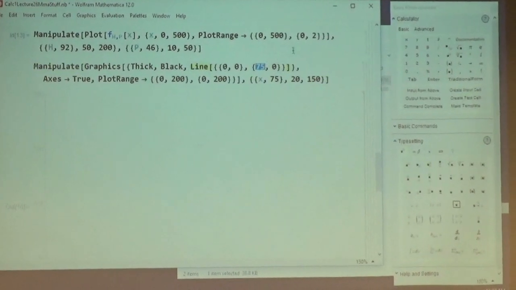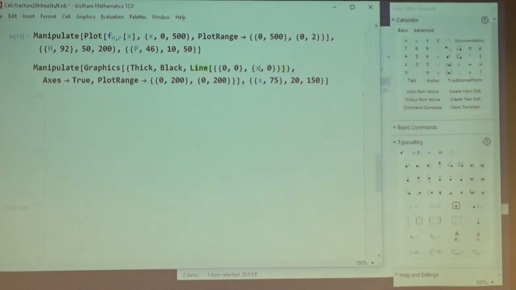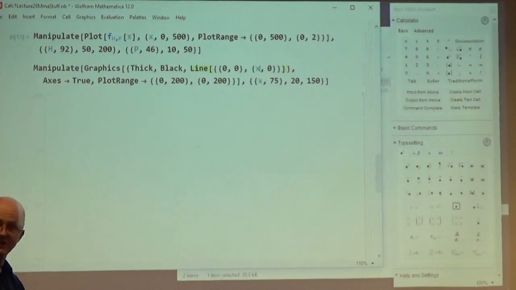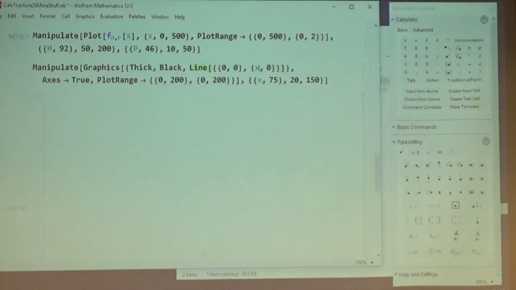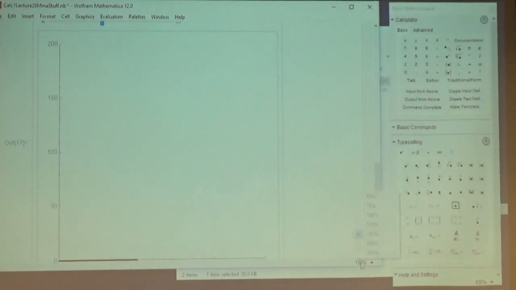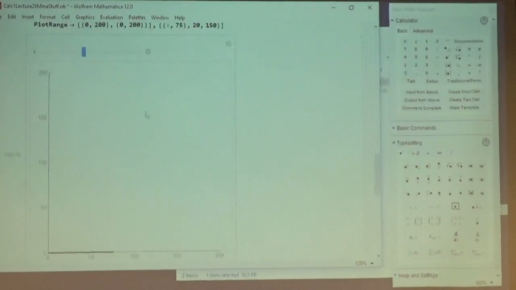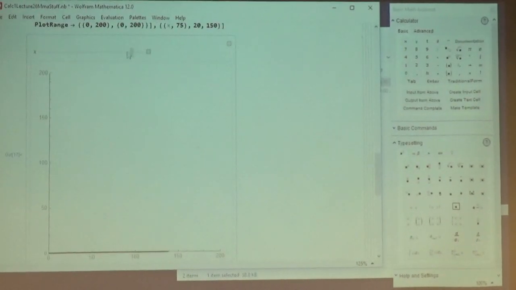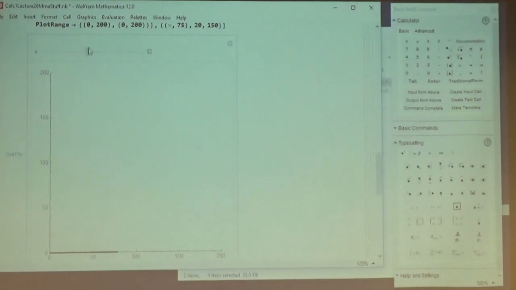And I also need to change that 75 to just an x. That allows me to change the line. It goes from the point 0, 0 now to the point x, 0. You move the slider, you can change that line. Change how far you are from the base of the statue.